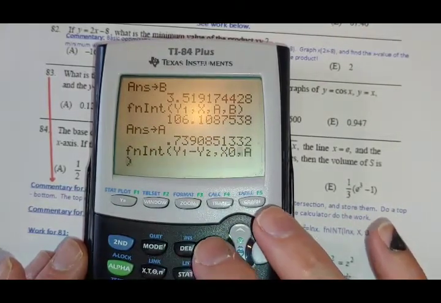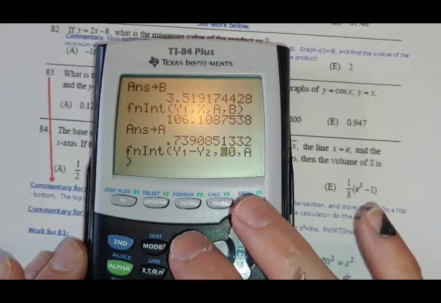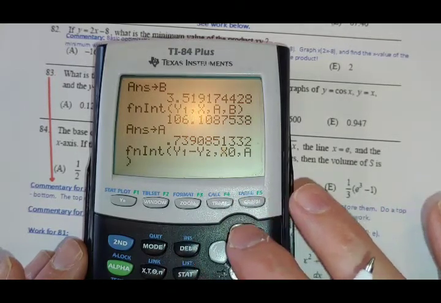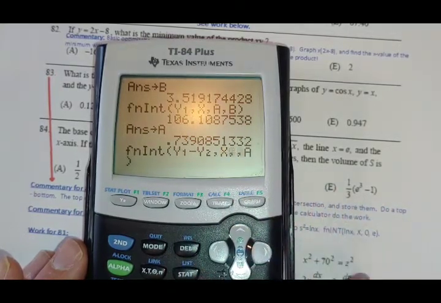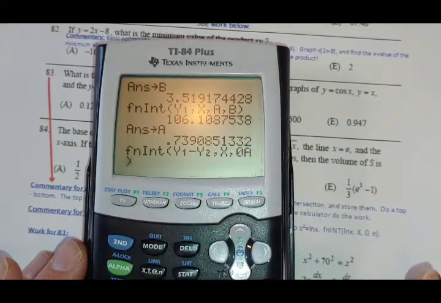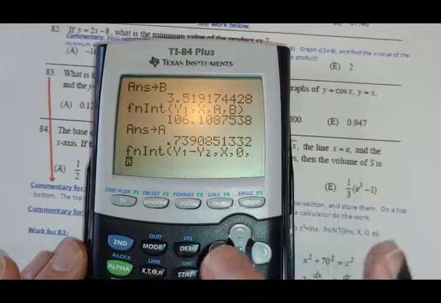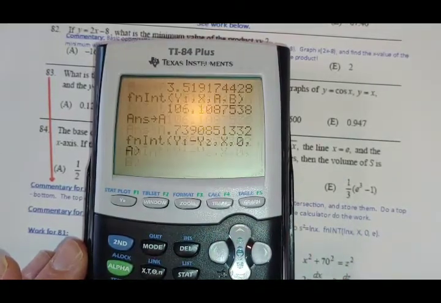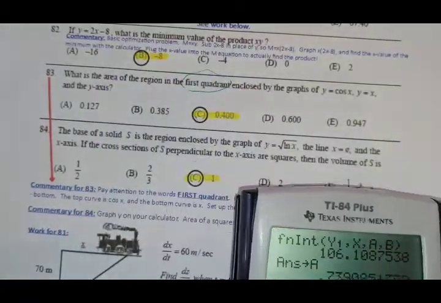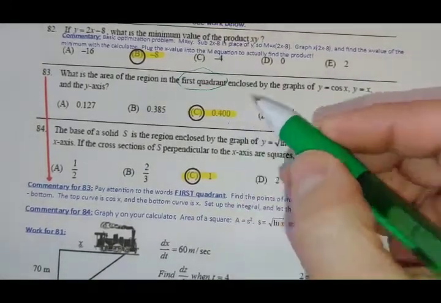Oops, did I miss a comma? Whoops, sorry here. Comma 0 to alpha a. And I get 4.004, which is basically 4.00, which is C.